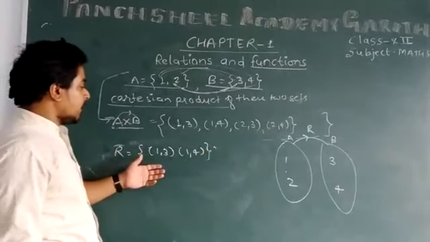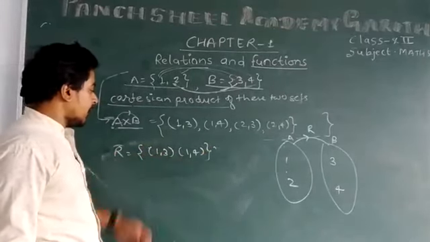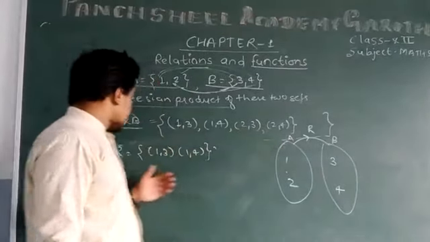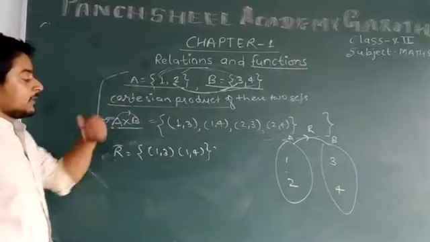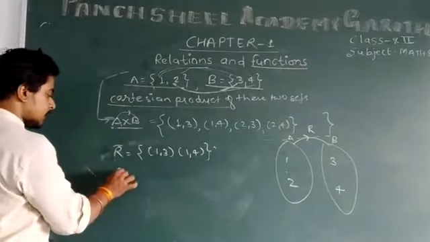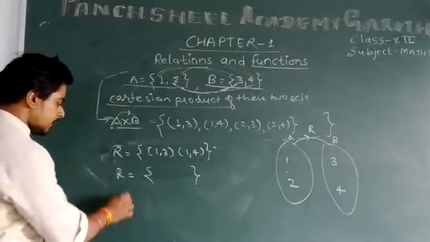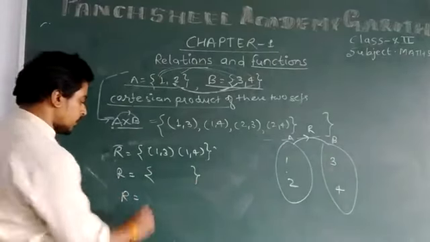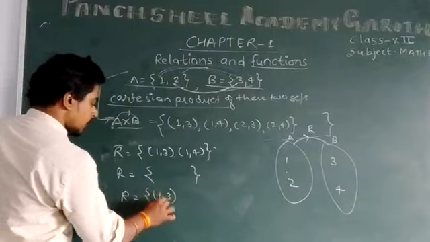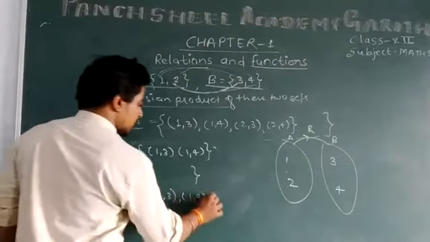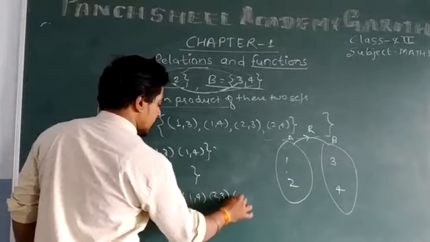However, it may be two ordered pairs, it may be possible that the whole set of ordered pairs will come in the relation, or nothing will come in the relation. R is equal to nothing, and R is equal to {(1, 3), (1, 4), (2, 3), (2, 4)}.